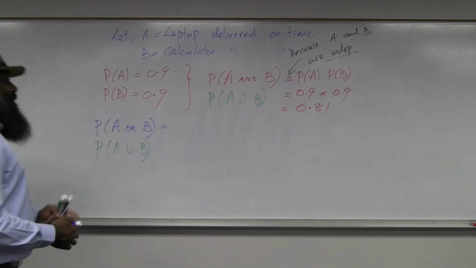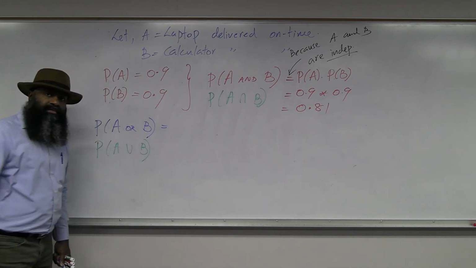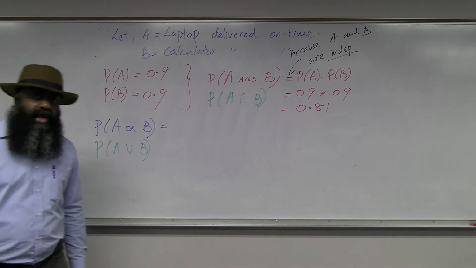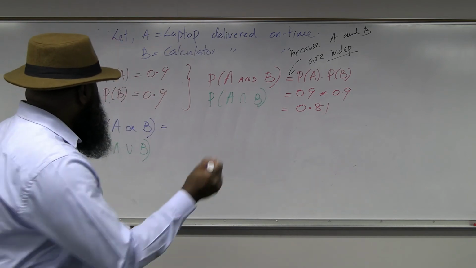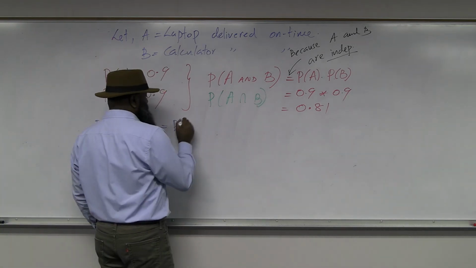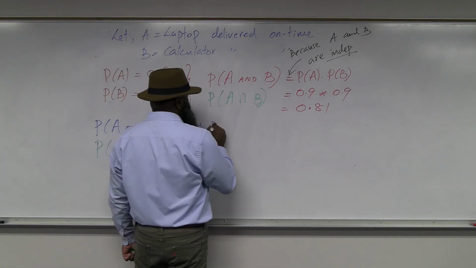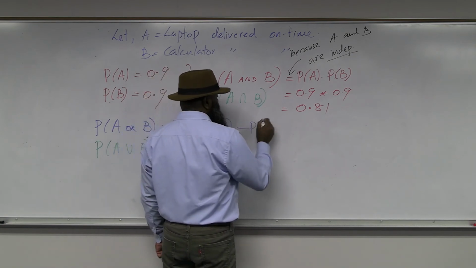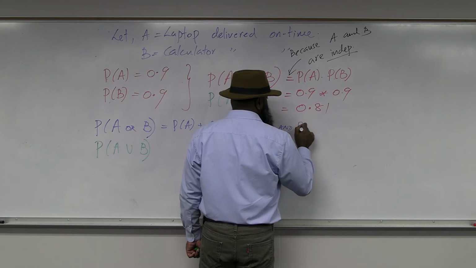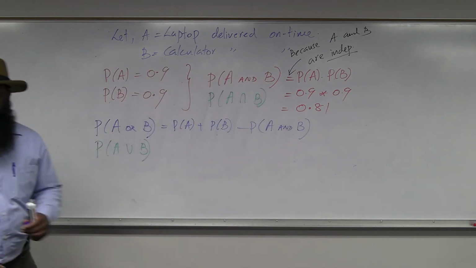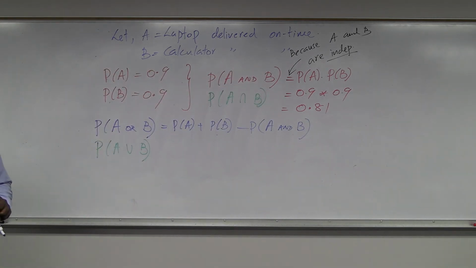So A or B, how can I find that? To find that, I need to use the principle of inclusion and exclusion, which is that this probability is equal to probability of A plus probability of B minus probability of intersection, or in other words, A and B. That's the first form of the principle of inclusion and exclusion.